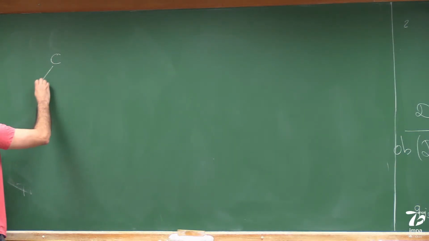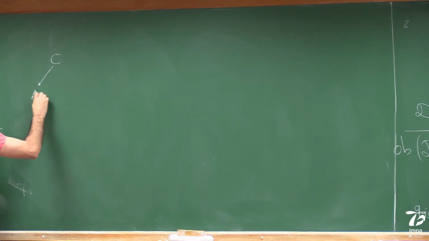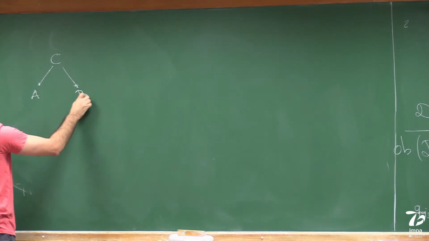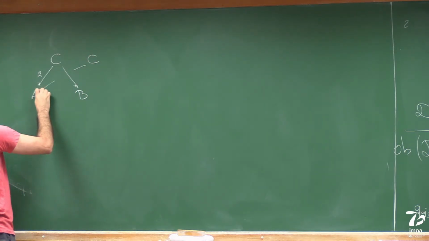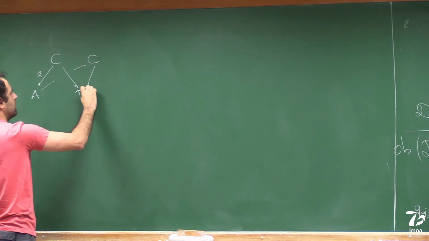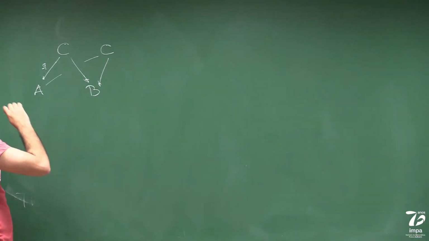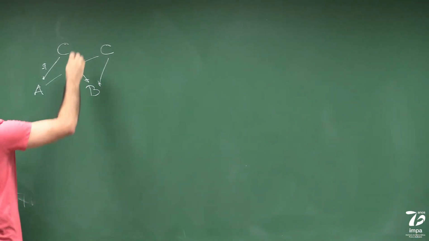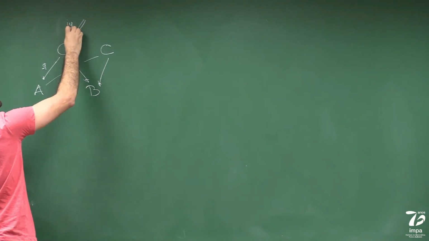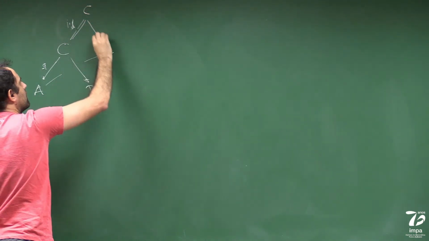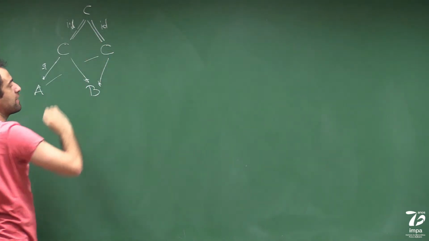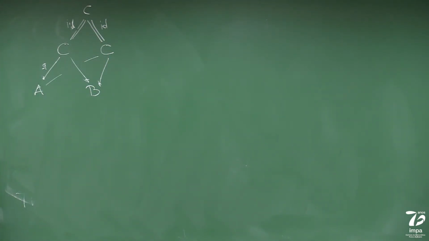So if I have C from A to B, a quasi-isomorphism here, and I have the same quasi-isomorphism here, so this is the same diagram, then I can just take the identity, which is clearly a quasi-isomorphism, on C, and the identity here, and everything here actually commutes on complexes.